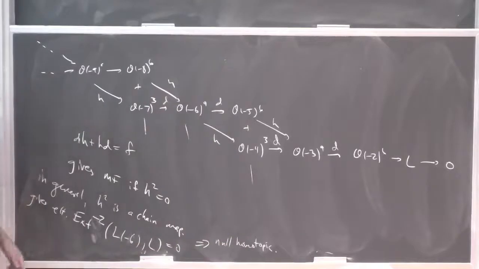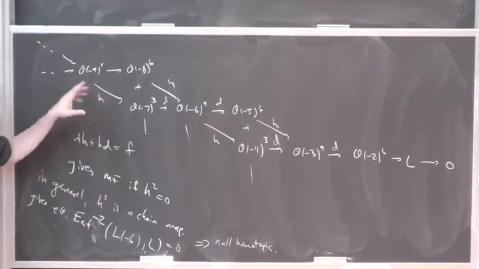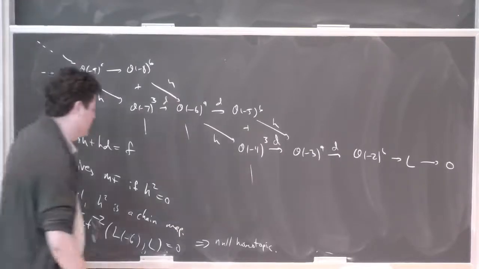Right? So to do this properly, you need to choose a null homotopy of h squared and use that to fix this thing further.